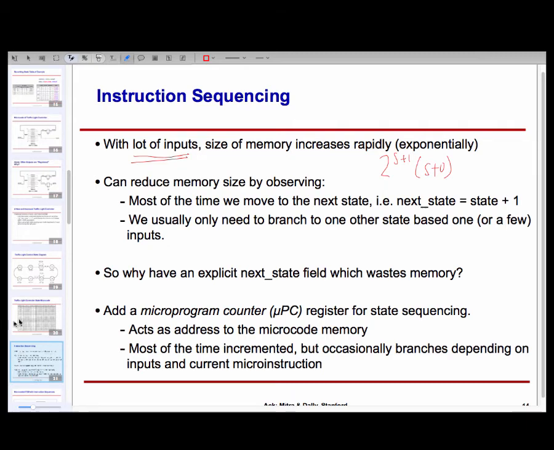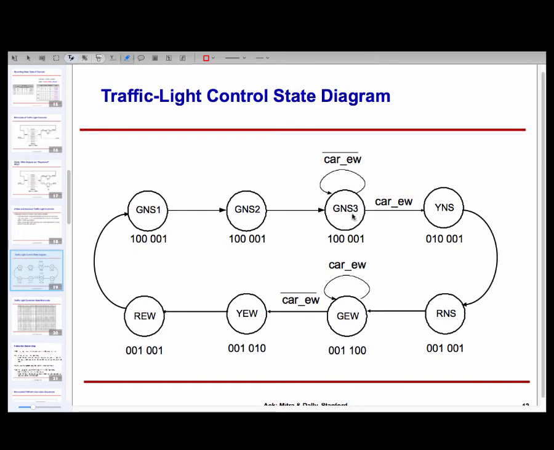If you look at this design, when I reach DNS3, in software, how would you write this? You will say, if car east-west is 0, stay put, otherwise move to the next state, right?